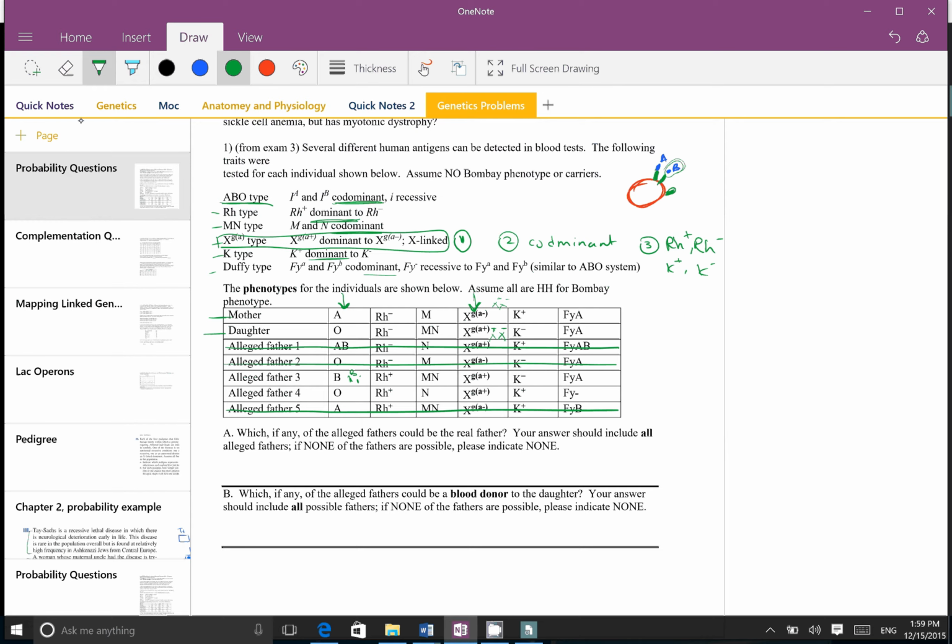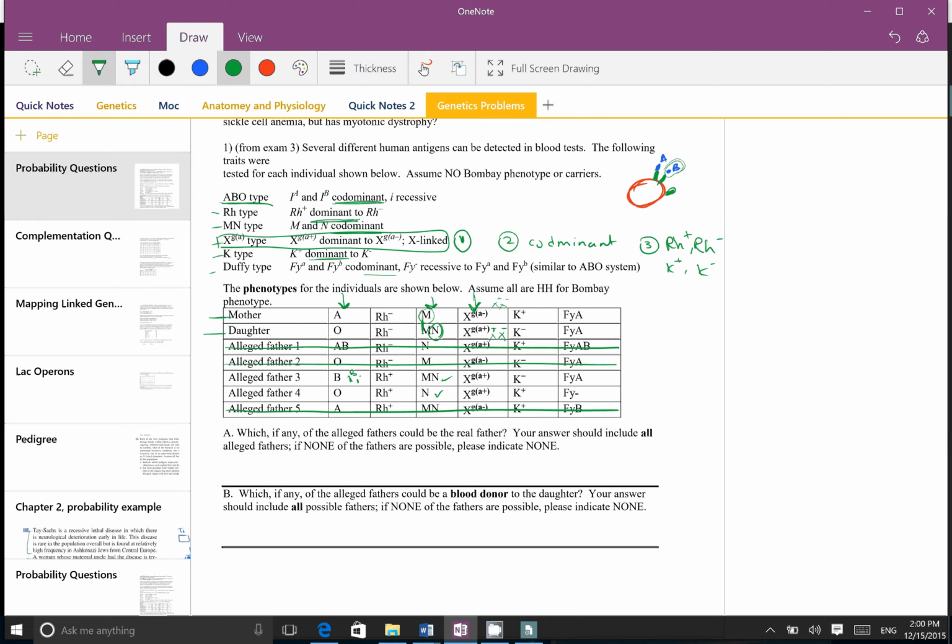Then I look at M and N codominance. The mother is M, so she could only get the N from her father, because she got the M from mom. This father can give her an N, and this father can give her an N, so both of them can still be the father.